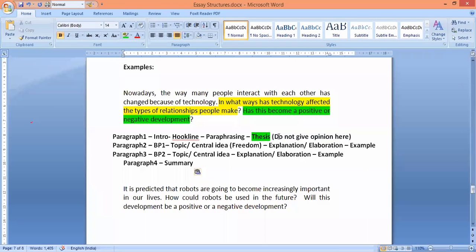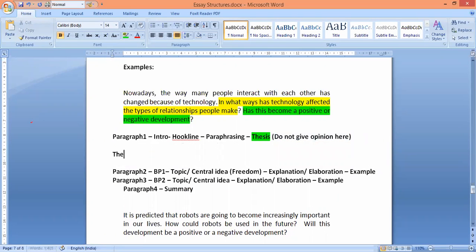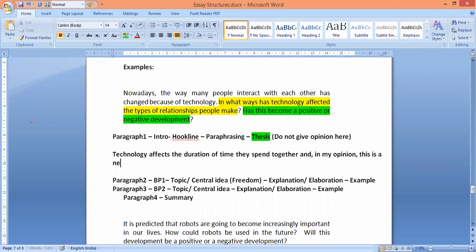You can write a generic thesis: technology affects the duration of time they spend together, and in my opinion this is a negative development.